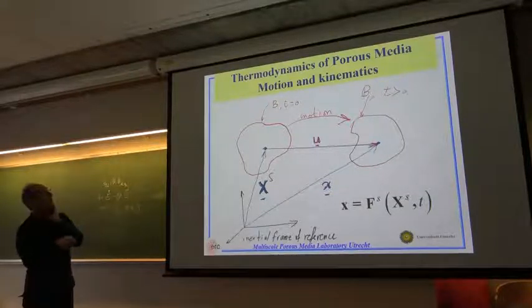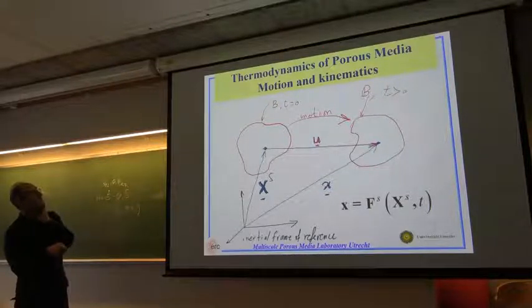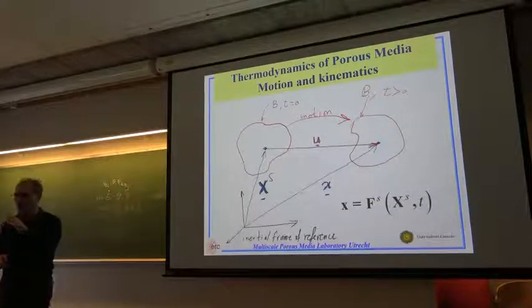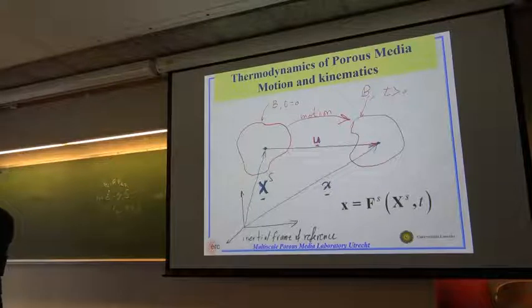Now, if you have a porous medium, we had this picture this morning, one major difference between a fluid and a solid is that to give a solid a shape, you have to exert force on it, you have to change its free energy.